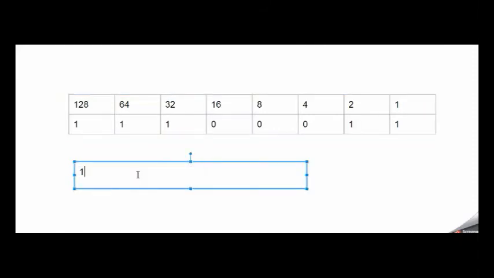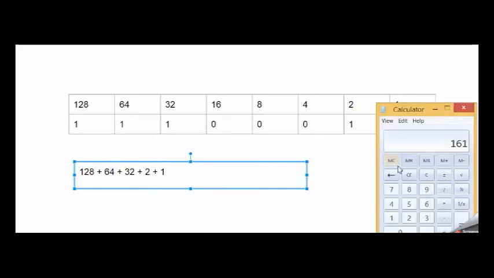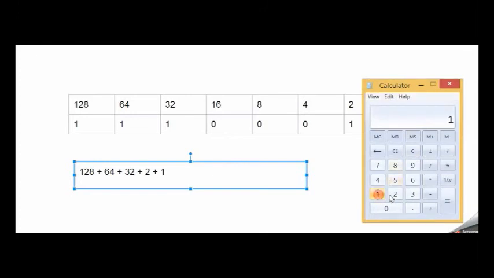Okay, what you should have got was 128 plus 64 plus 32 plus 2 plus 1. So yet again, if you can't work that out yourself quick enough, use a calculator. So we've got 128 plus 64 plus 32 plus 2 plus 1 equals 227.